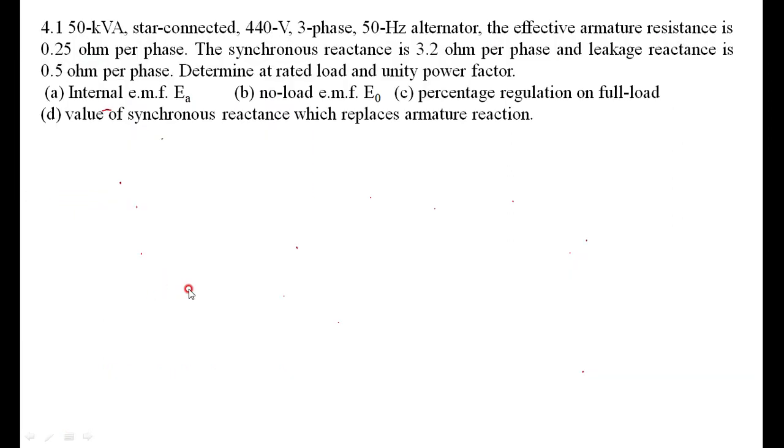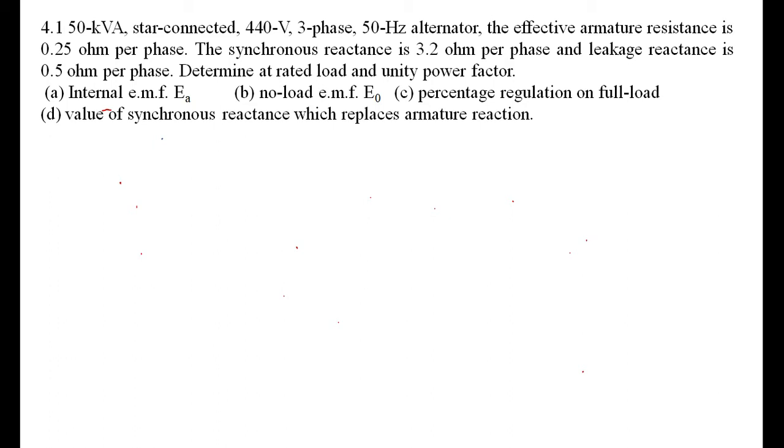it is a 50 kVA star connected 440 volt 3 phase 50 Hz alternator, and its effective armature resistance is 0.25 ohm per phase, whereas its synchronous reactance is 3.2 ohm and the leakage reactance is 0.5 ohm per phase.